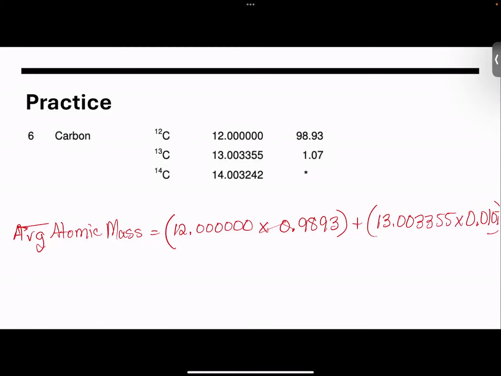And then you key it into the calculator, and you get an answer of, imagine that, 12.011.